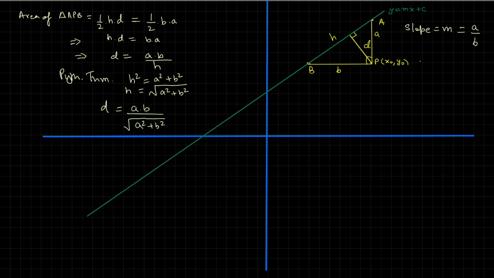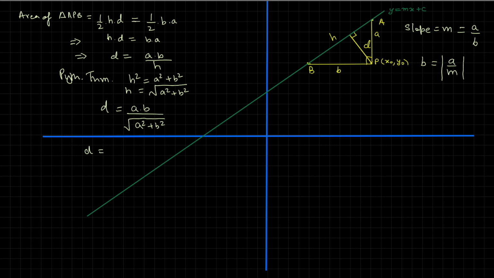Rearranging this, we see that b is a divided by m, and we are only interested in magnitudes here, so I'm going to put an absolute value symbol around this because m can of course be negative. In this case we are calculating distances or lengths, which are always positive, so assume absolute values for lengths in these equations. So now that we know how to substitute b for a, let's put this back into the formula for d.